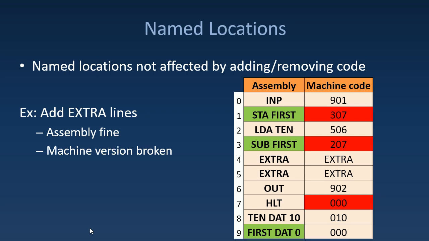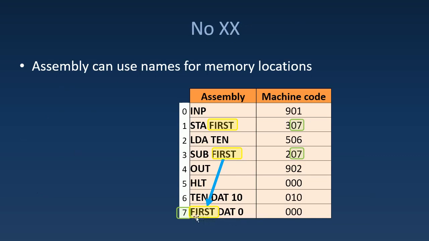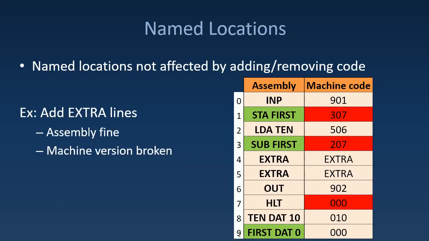And this solves the problem of being able to easily modify our program, because if I'm referring to this location as first instead of location 7 or location 9, even if I insert some extra lines in here and the place that used to be called first was at memory location 7 and is now at memory location 9, it's not going to matter, because when we assemble this program, the assembler is going to go through and figure out, first is now down here at 9, and so this should really say 209. This should say 309, and automatically adjust that.